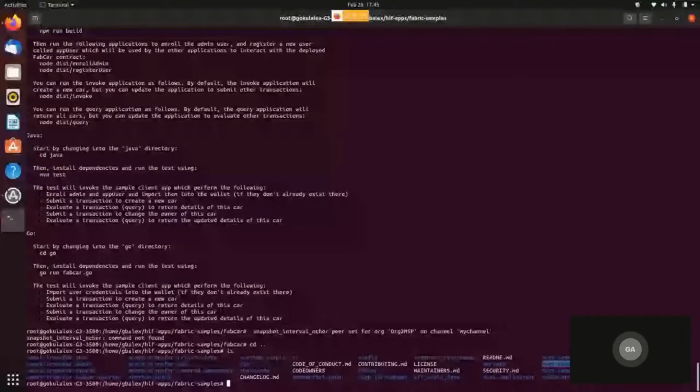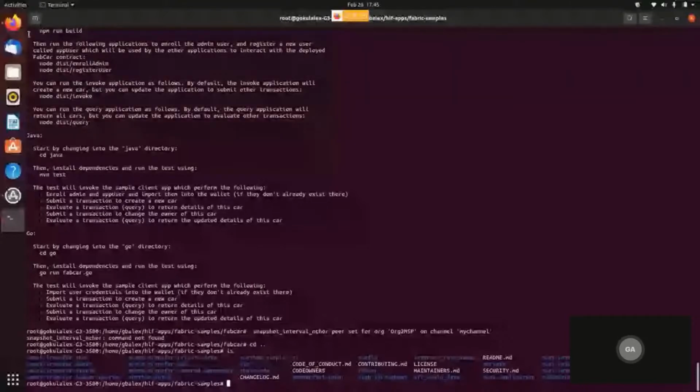If you want to create tokens, these are sample networks for ERC20 and ERC721. So that's about Hyperledger Fabric samples, which you can find from the Hyperledger organization in GitHub.